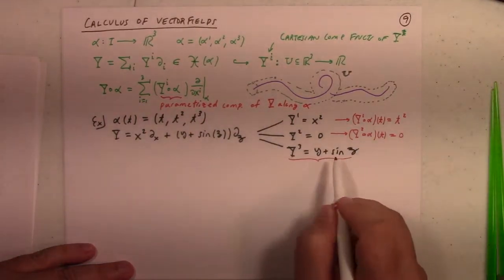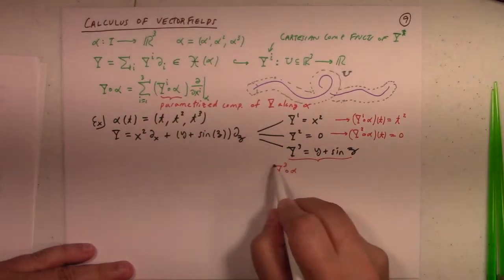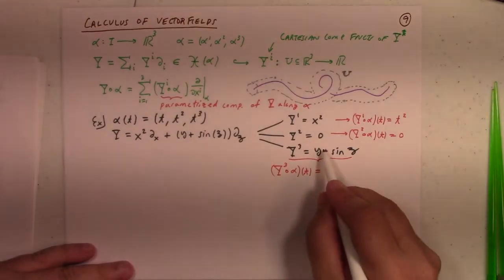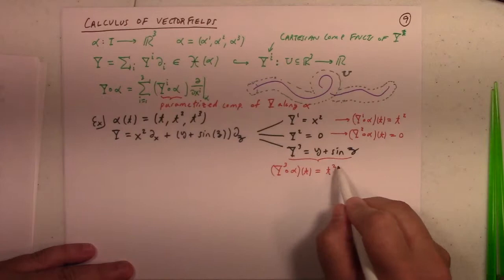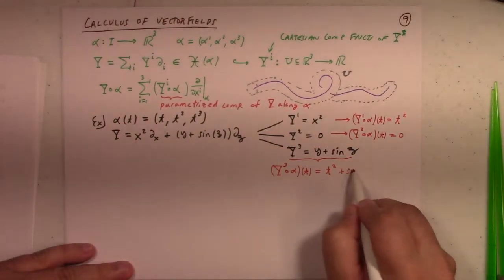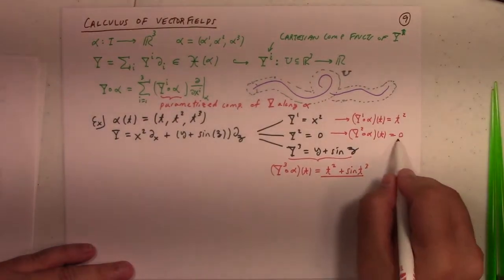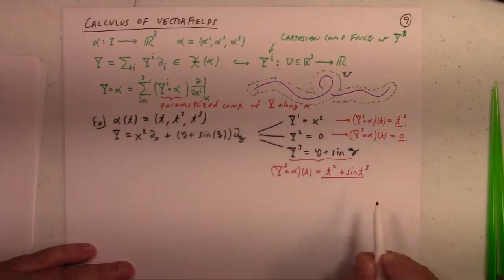And this one, y3 of alpha of t is, well, it's whatever we have for y, in this case t squared. And let's see, what do we have for z? We've got t cubed, so plus sine t cubed. So there you go. These are the parameterized components of y along alpha for my example.